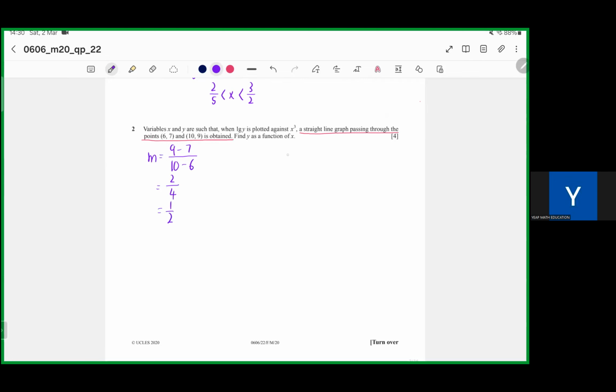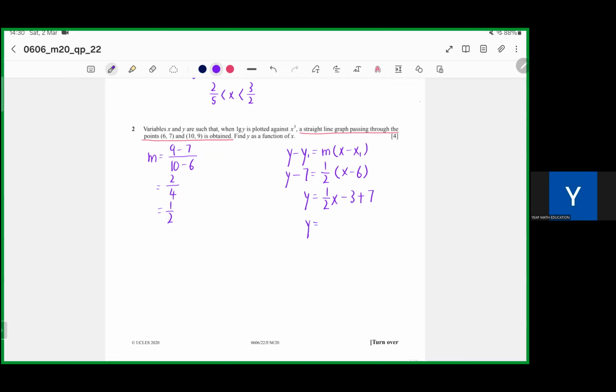And then we can use y minus y1 equals m bracket x minus x1. We can take either point, maybe I take (6, 7). So I put y minus 7 equals 1 over 2 bracket x minus 6. So I get y equals 1 over 2 x minus 3 plus 7.